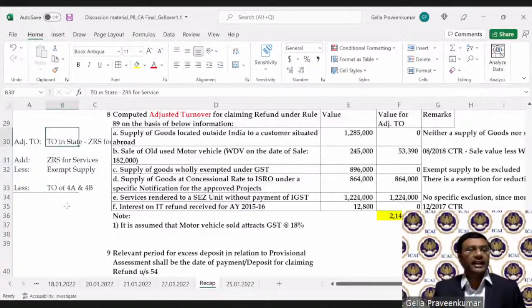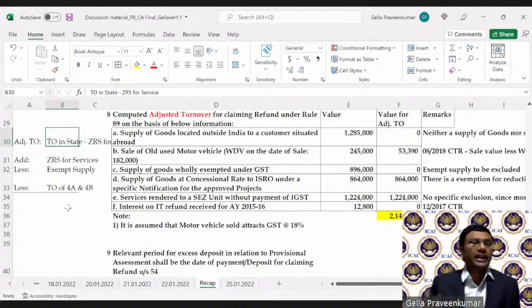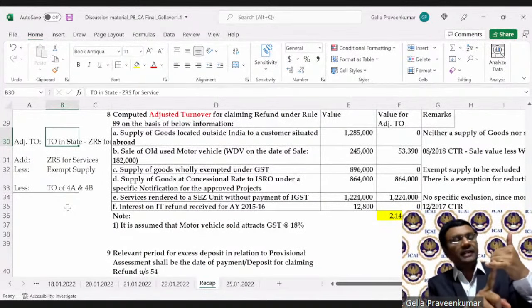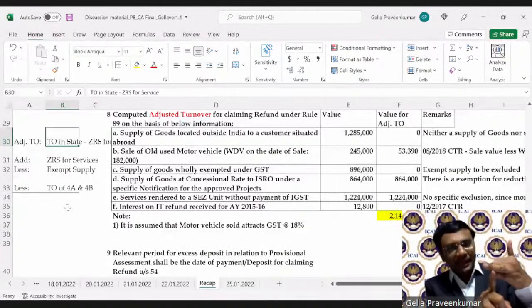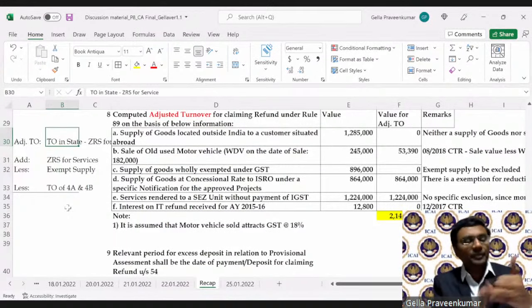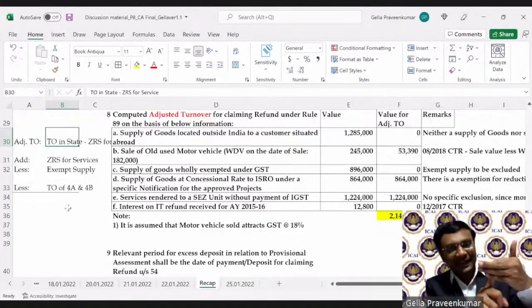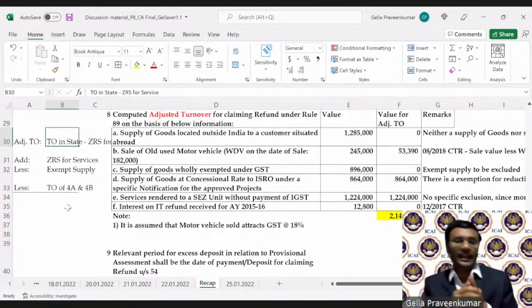Now, what we have done is, whatever you have raised an invoice for zero rated supply, I exclude that. What I have to add back is money received in foreign currency, plus invoices raised in the relevant period for which advance was received prior to the relevant period, less the money which is received in advance where my invoice to that extent has not been raised.